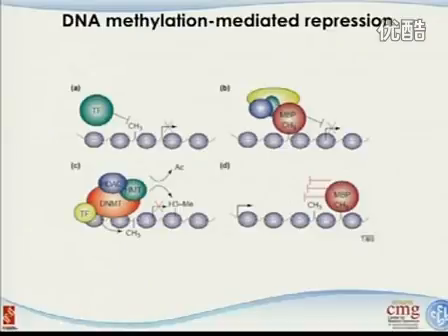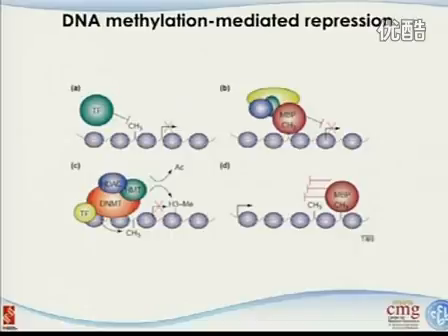I will have one slide to talk about why the CpG island is generated in terms of evolution. But before that, let me talk a little bit about DNA methylation-mediated repression, and why, biologically and functionally, DNA methylation is important. You can see that this is one gene here. This is the transcription start site.